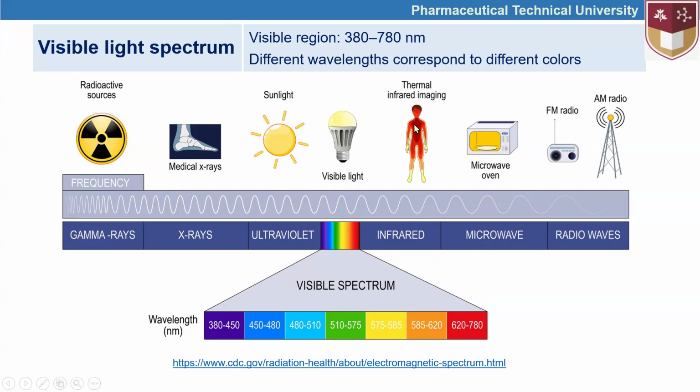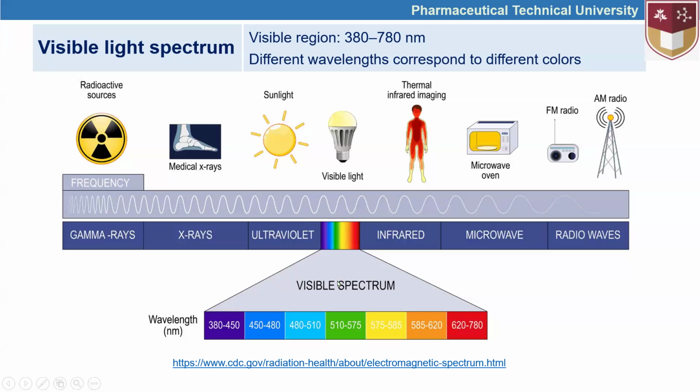Infrareds are used to detect the thermal infrared imaging kind of temperature-like means. And ultraviolet are used for different methods, and we talked about the X-rays and gamma rays in other videos.